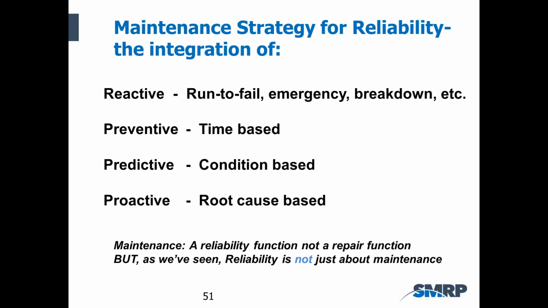You coordinate production and maintenance, and you do that work to minimize its consequence to the business. Proactive is root cause based. Proactive is really more associated with changing the way you design, procure, store, operate, and of course maintain, so you eliminate the defects that created the requirement.